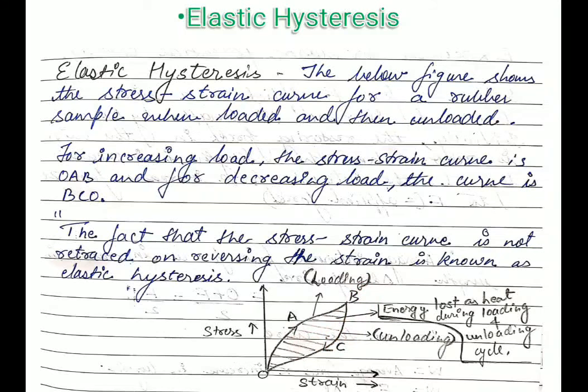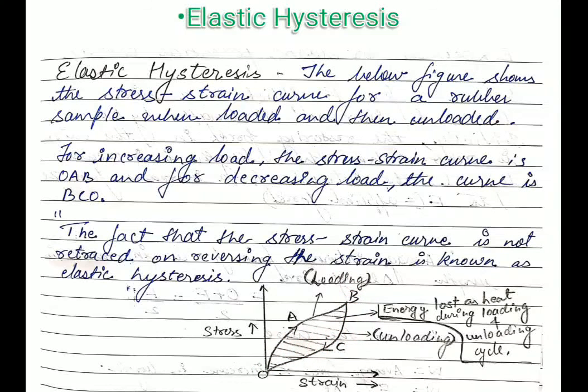Okay, so students, the fact that the stress strain curve is not retraced on reversing the strain is known as elastic hysteresis. You can see here this curve OAB is not retraced with the same path. It has taken another curve here, you can see BCO.